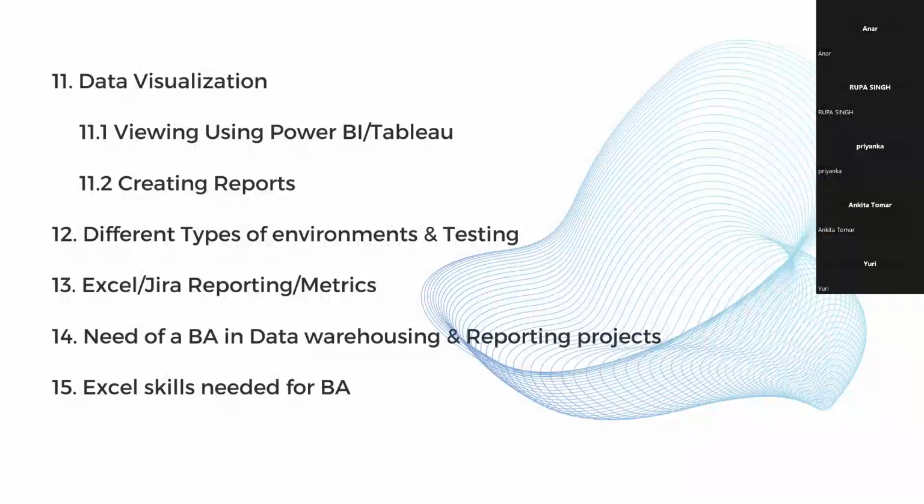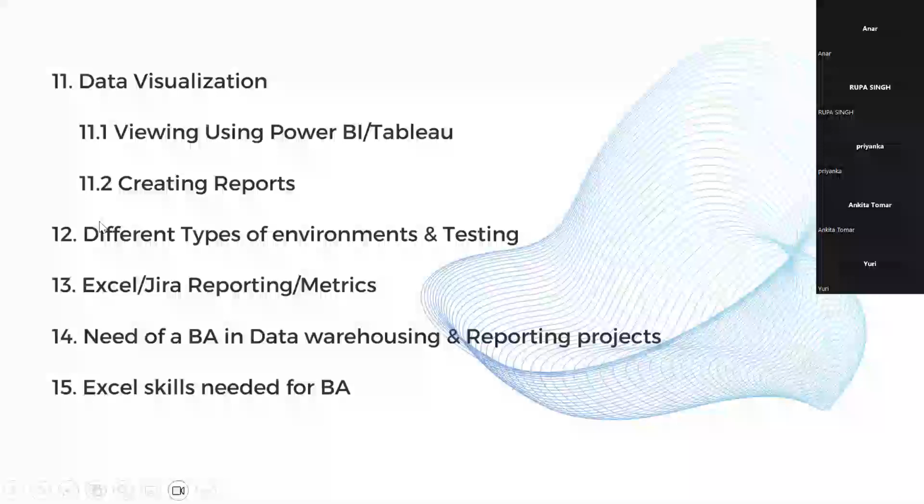Such reports will be developed by your dev team and viewed by your top-level management, so that they can make decisions. They can understand how their business is running, because they are spending the amount, right? They would like to know how it is performing and what the areas of improvement are. Such things we will be doing in this section.